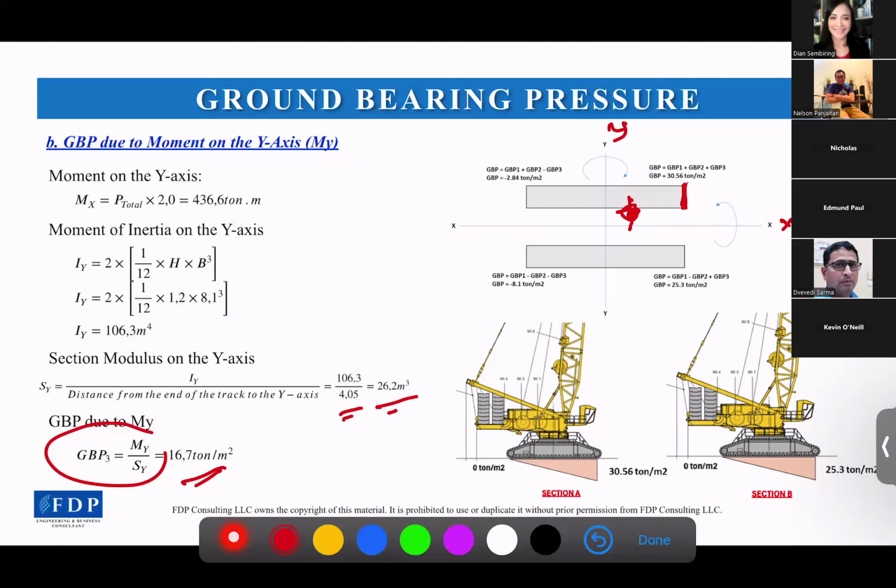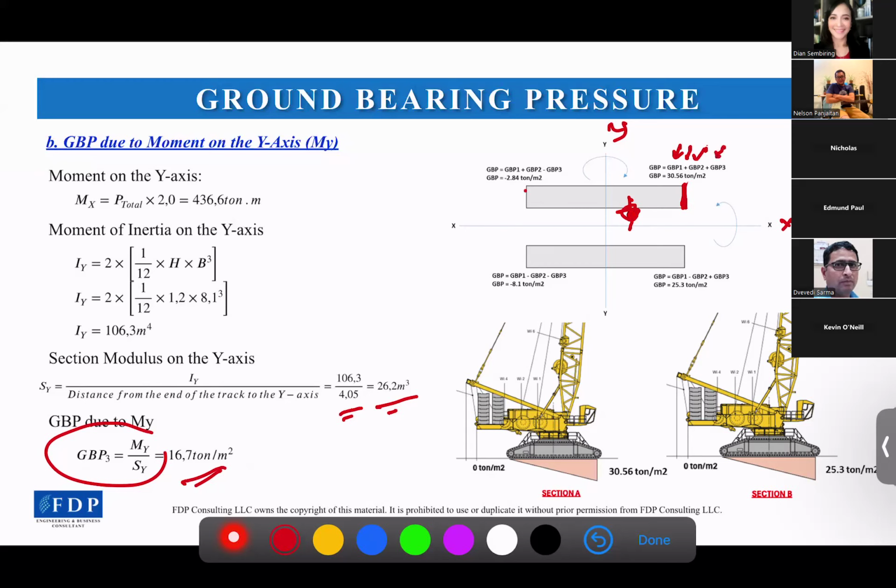For example, ground bearing pressure 1 is the normal ground bearing pressure, plus ground bearing pressure 2, which is due to the moment X, plus ground bearing pressure 3, due to the moment on the y-axis.